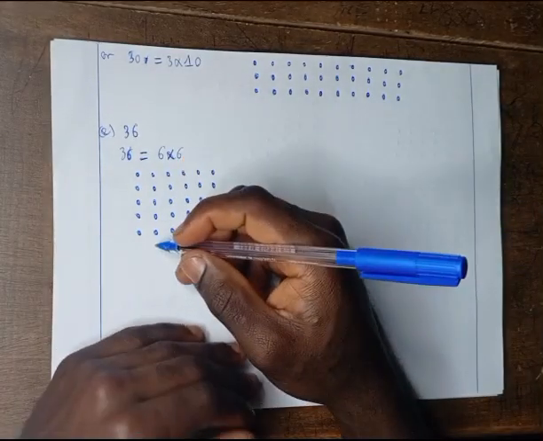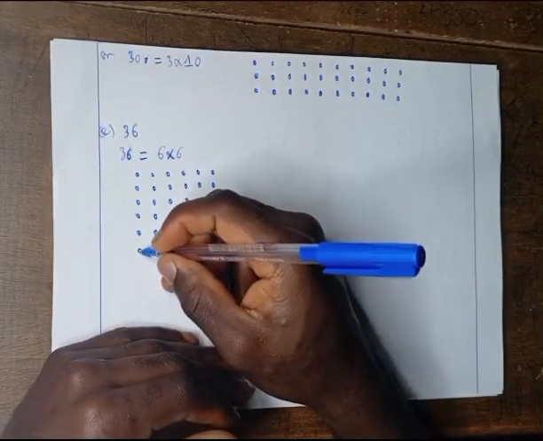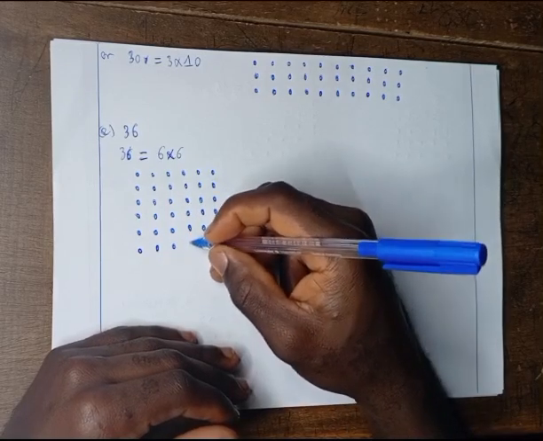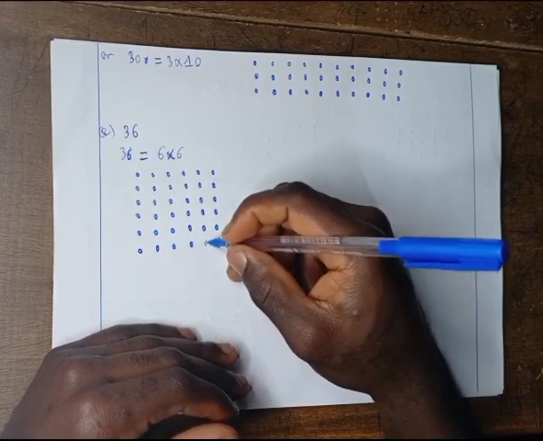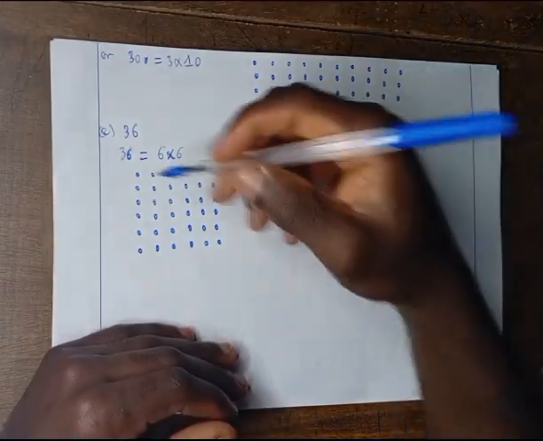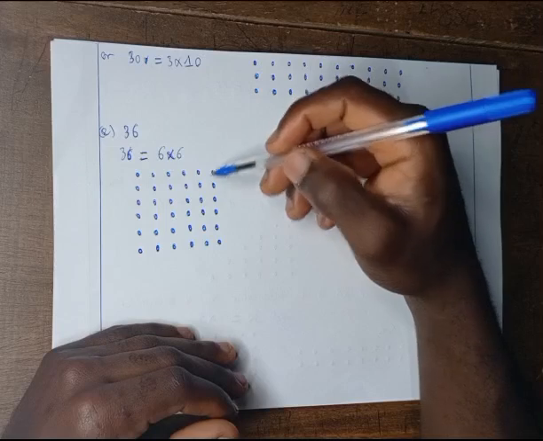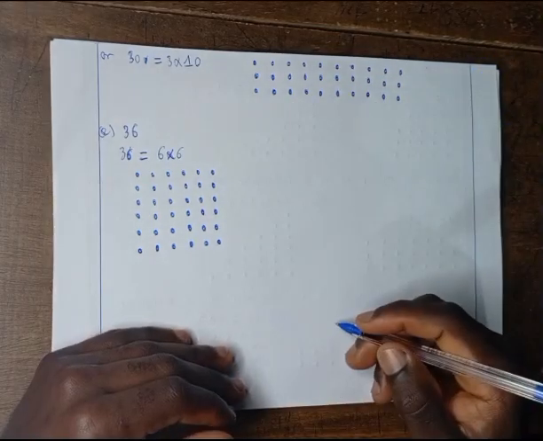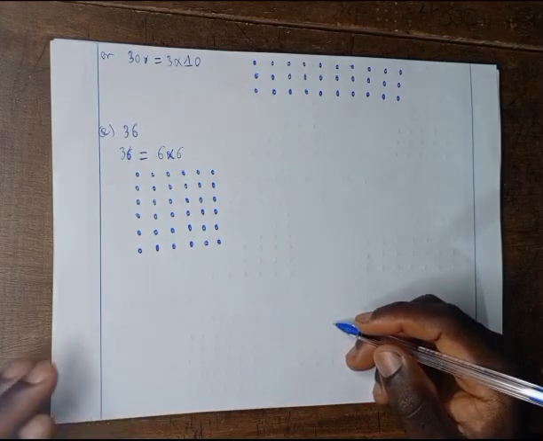We count 1, 2, 3, 4, 5, 6, and again 1, 2, 3, 4, 5, 6. The number 36 is a square number.